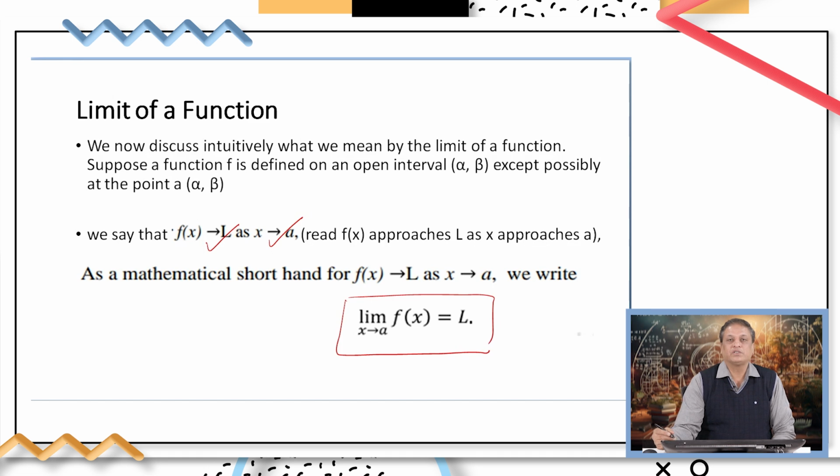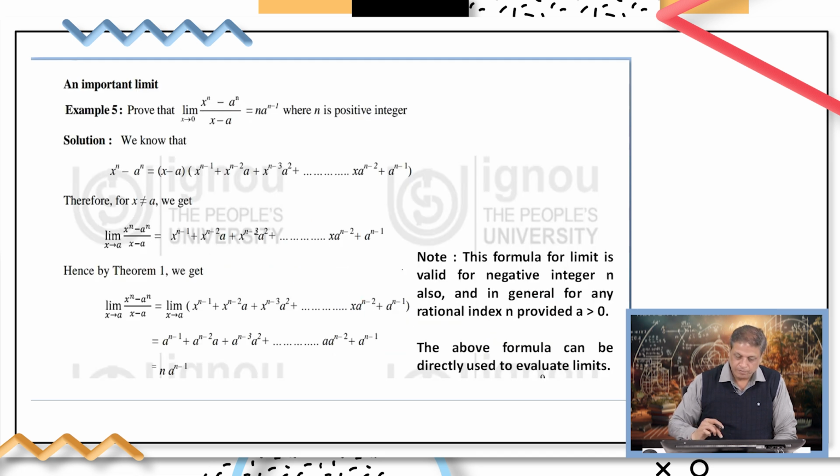So, the very first thing was limits, wherein we understood that if a function f is tending to value L as variable x is tending to value a, then this expression should be expressed as limit x tends to a f(x) is equal to L. We proved an important formula, that is limit x tends to a, (x to the power n minus a to the power n) upon (x minus a) is equal to n a to the power n minus 1.